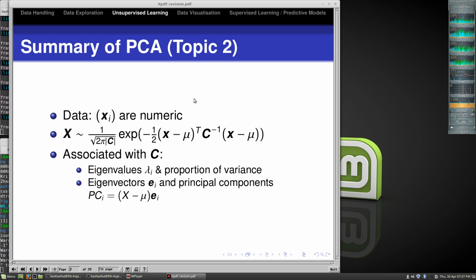Okay, for principal component analysis, the data has to be numeric.